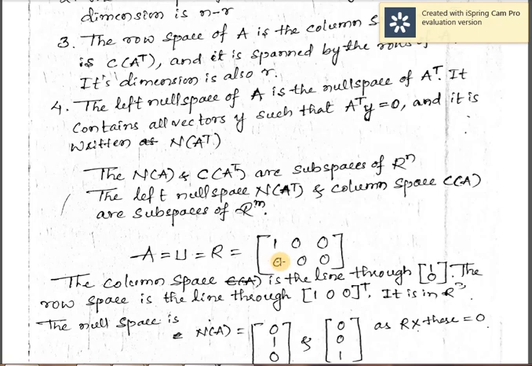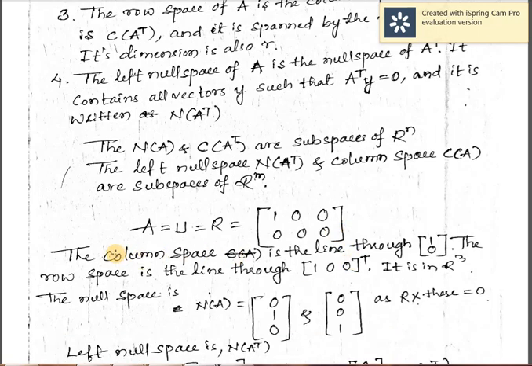A row of zeros is not contributing anything. Now let's write the column space of this. We have 3 columns here. Out of them, only the first one is contributing, but the rest are not.